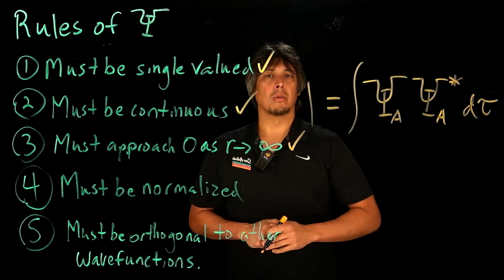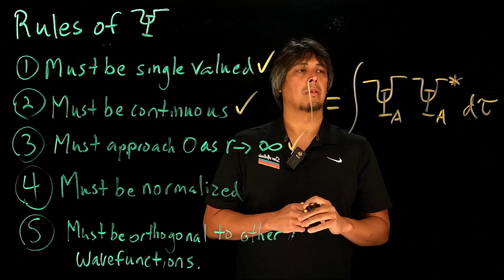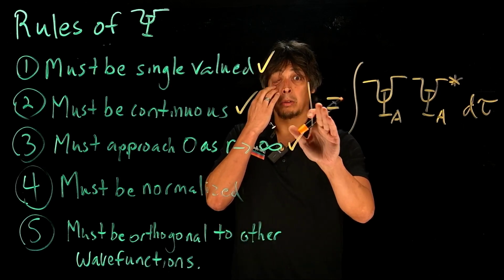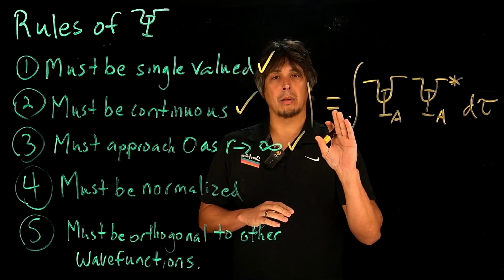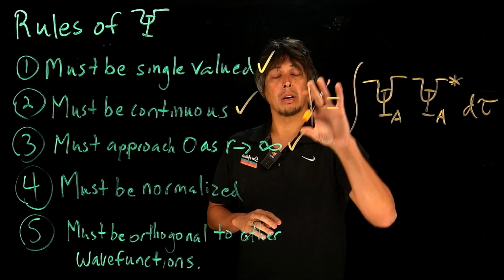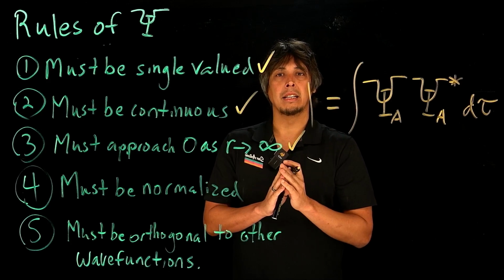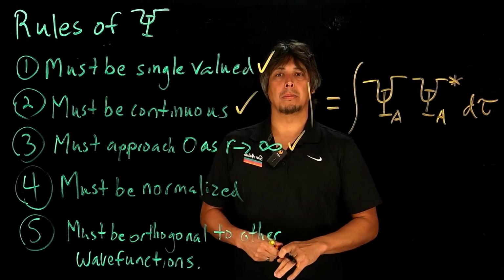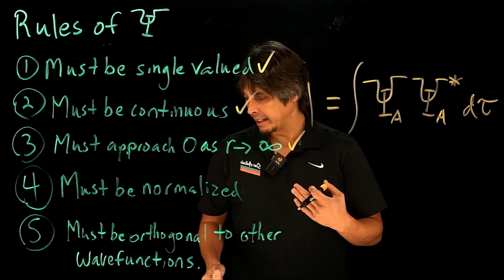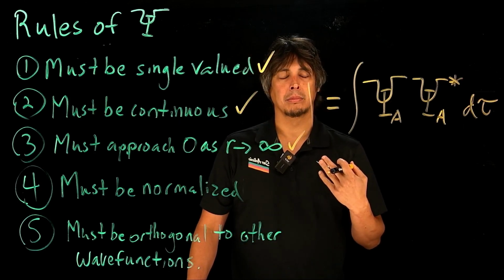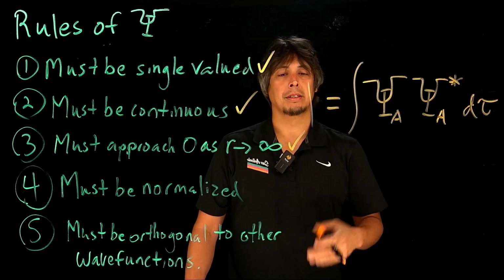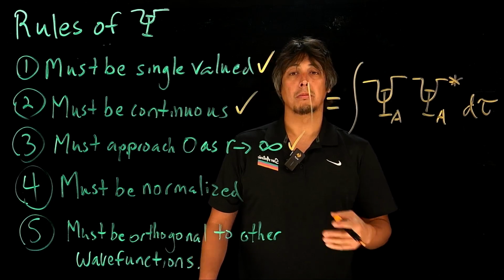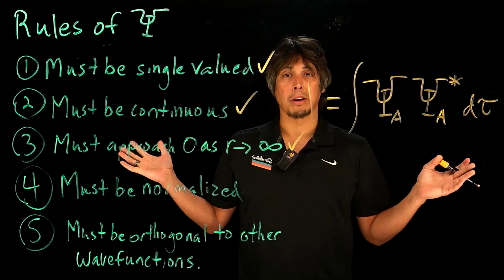So if we think of it this way, what normalization tells us is that there's a probability of 1 of finding the electron in all of space. Okay, and that is a requirement for the wave function in this case: you must be able to find the electron somewhere in all of space.